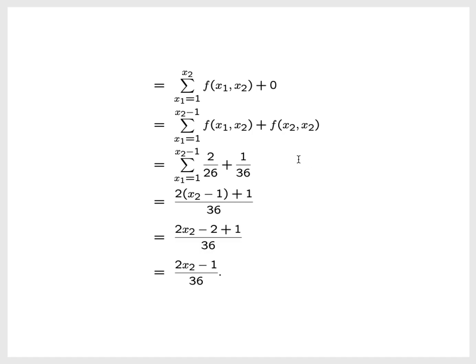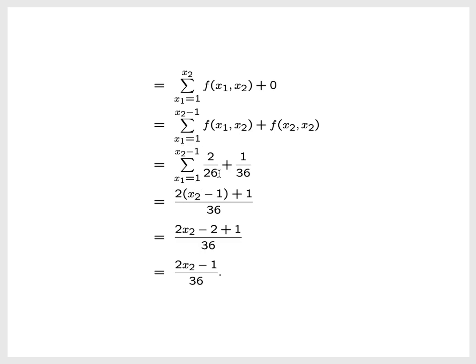And again, the reason we're doing this is because we know from the expression for the joint PMF of X1 and X2, when X1 and X2 are equal, the joint PMF evaluates to 1 over 36. When X1 is strictly less than X2, it evaluates to 2 over 36. Be sure to correct that in your notes.